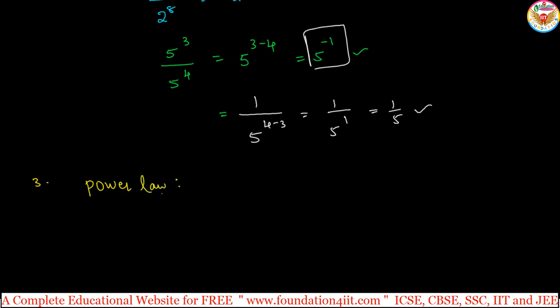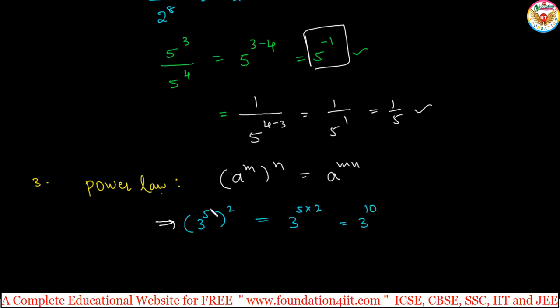When you come to this power law, a to the power m whole to the power n is a to the power m times n, m into n. Directly. For example, 3 to the power 5 whole to the power 2. That means 3 to the power, directly 5 into 2, because 5 is also a power and 2 is also a power. 5 into 2 is 10, so 3 to the power 10.